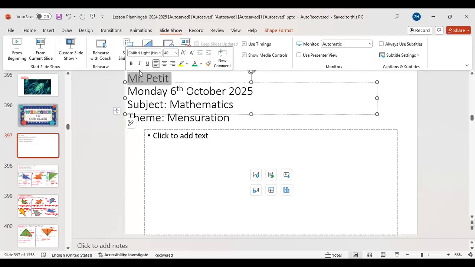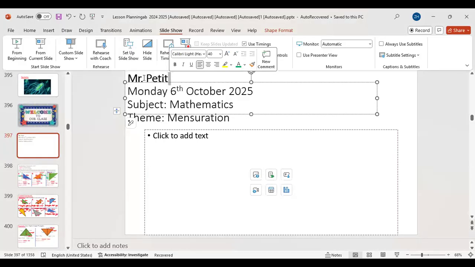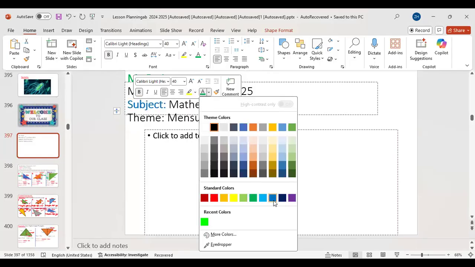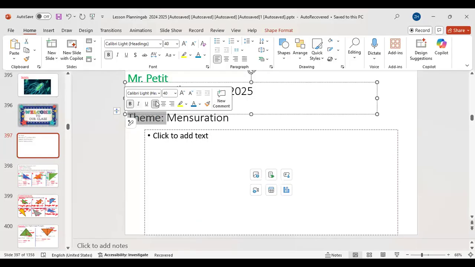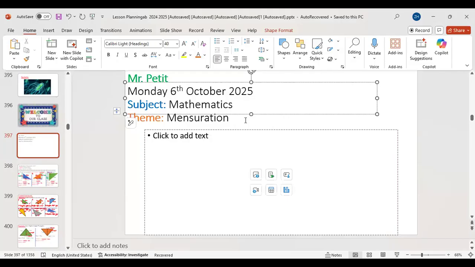Let me highlight these things. Everyone should be writing this down. Last week, we introduced the idea of area.